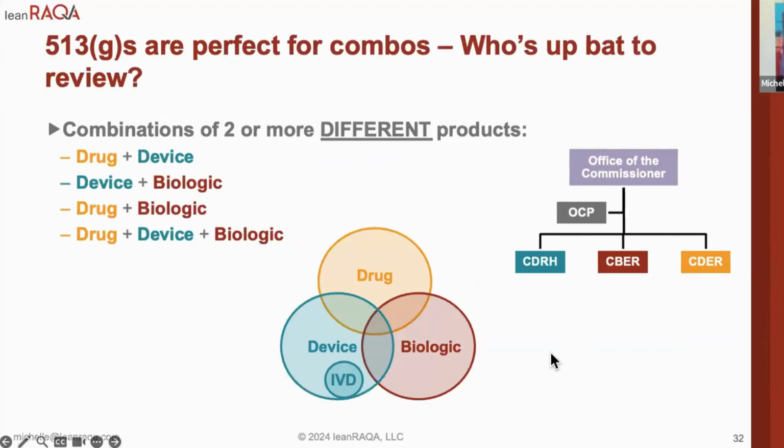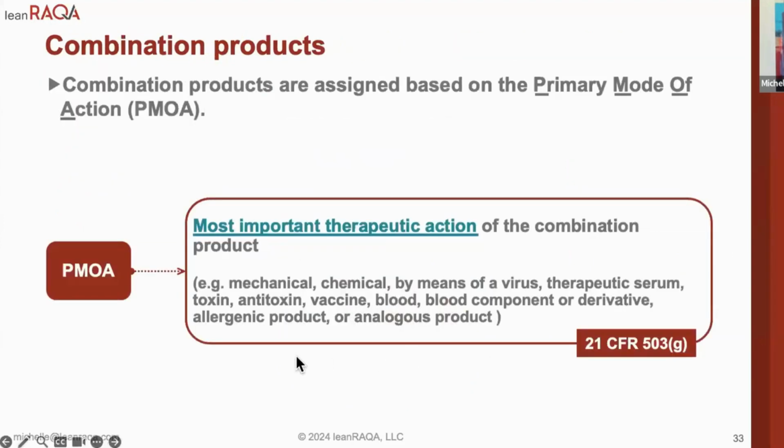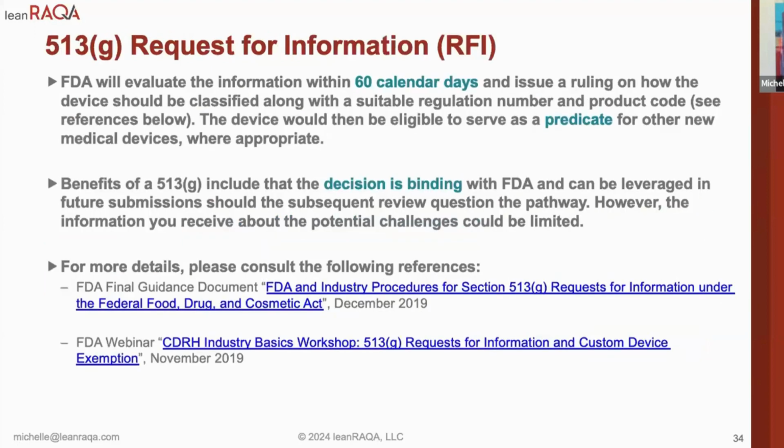The lead reviewer depends on the primary mode of action, which is the primary way the product accomplishes its therapeutic action. It's possible for a product to include a drug, but the primary mode of action is a device, as opposed to the therapeutic action of the drug. So that's when 513Gs could also be appropriate.